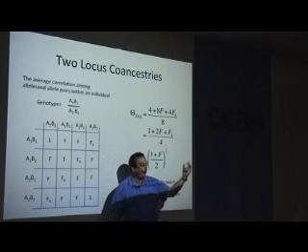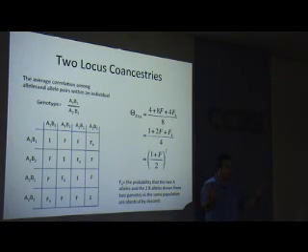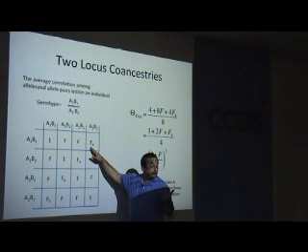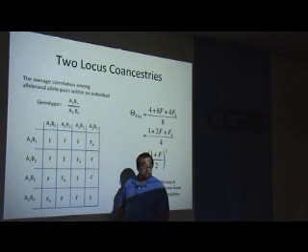Because then you could say, what's the probability that the A1 and A2 are the same? And what is the probability that B1 and B2 are the same? Now it actually turns out that that doesn't have to be the case. That if there's linkage or something like that, this number may be different from that.